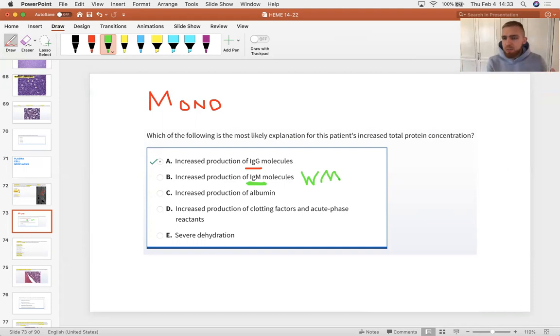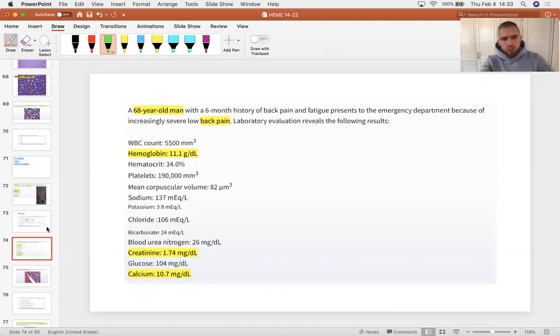Point being, the plasma cells have class switched already. That's what makes multiple myeloma, and not Waldenstrom macroglobulinemia. So they're very, very similar, but one's making IgM, that's Waldenstrom, and the other one, multiple myeloma, is making Ig anything else, okay?